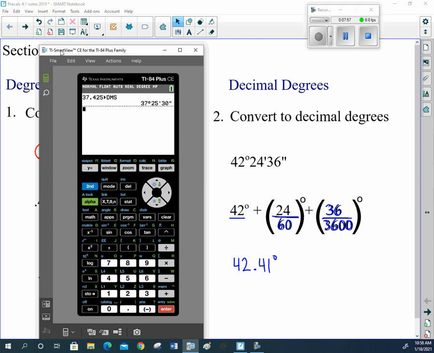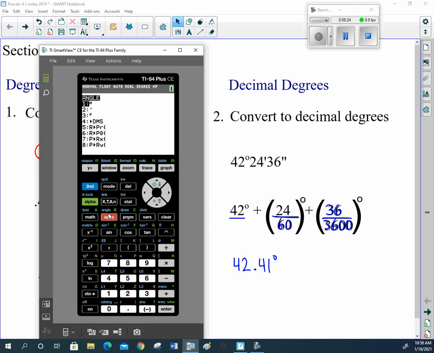But anyway, how you would do that is you'd say 42, and then we'll go back to the angle menu. We're going to have to use that degree symbol, so I'm going to hit enter. And then 24, back to that angle menu, and now I'm going to go down to minutes and hit enter. On the graphing calculator, unfortunately, the 36 seconds is not in this same menu.